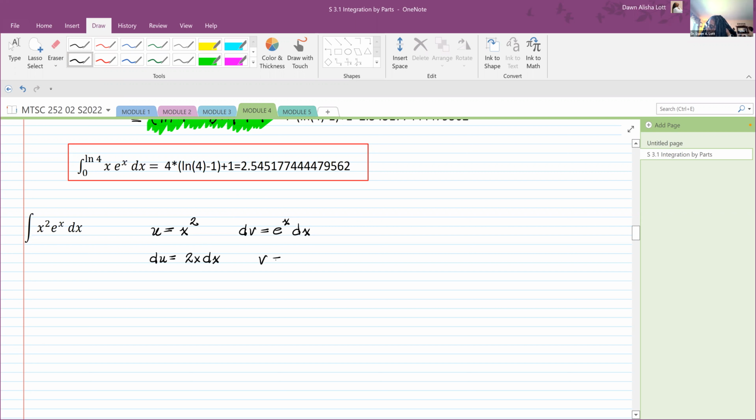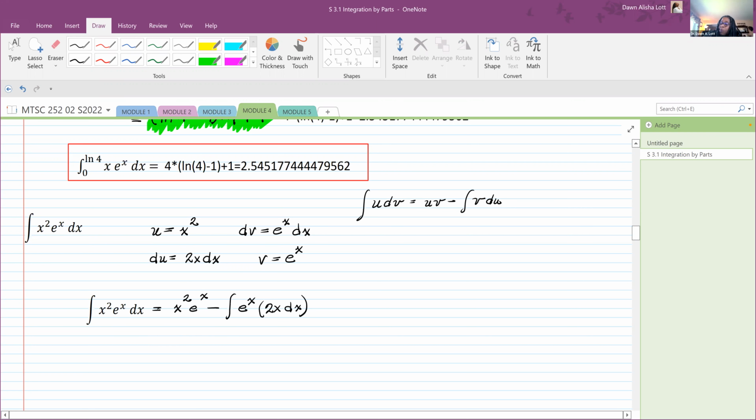And v is equal to, we already know, just e to the x. The integral of u dv is equal to uv minus the integral of v du. So I get x squared times e to the x, minus the integral of e to the x times 2x dx.